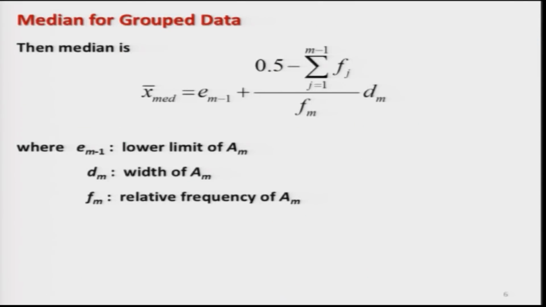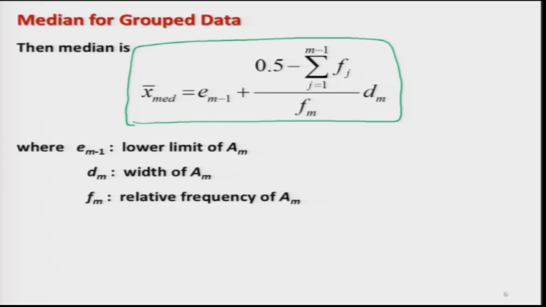Now, the expression for finding the median in the case of grouped data is given by this. Here you can see there is a quantity e m minus 1, which denotes the lower limit of the median class. Similarly, there is a quantity dm, which denotes the width of the median class.